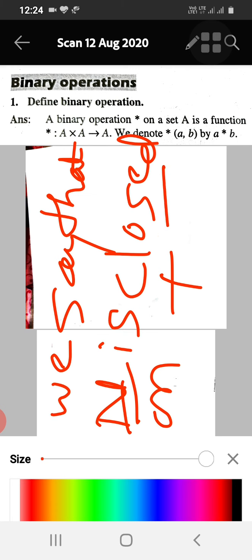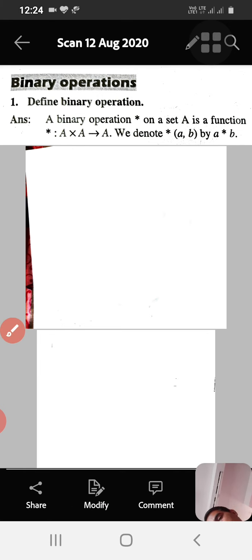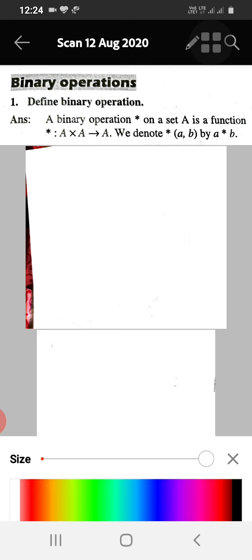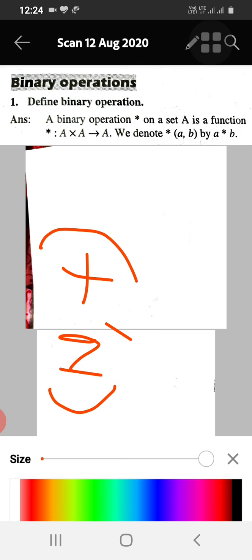Closed means it obeys the closure property, because addition of two natural numbers is once again a natural number. Therefore we say N is closed on plus. We write this as N, plus. So the set of natural numbers is closed on addition.